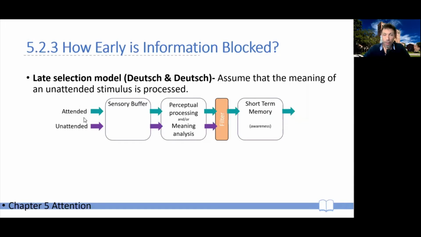So all these sources of information get transduced in the brain, and so enter our sensory buffer. And then both of these messages get sent off for further perceptual processing and for meaning analysis. The filter acts only after.